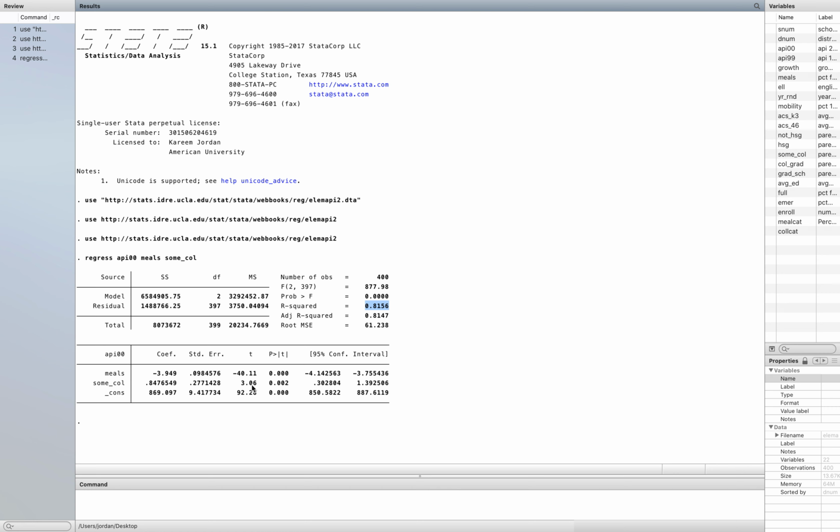You'll see the significance level is less than 0.05. You see the t-value is 3.06. So what that tells you is, for every unit increase in the percent of parents who have some college, the score on the academic performance index for the year 2000 also increases by 0.8476549. So that's what you have here.